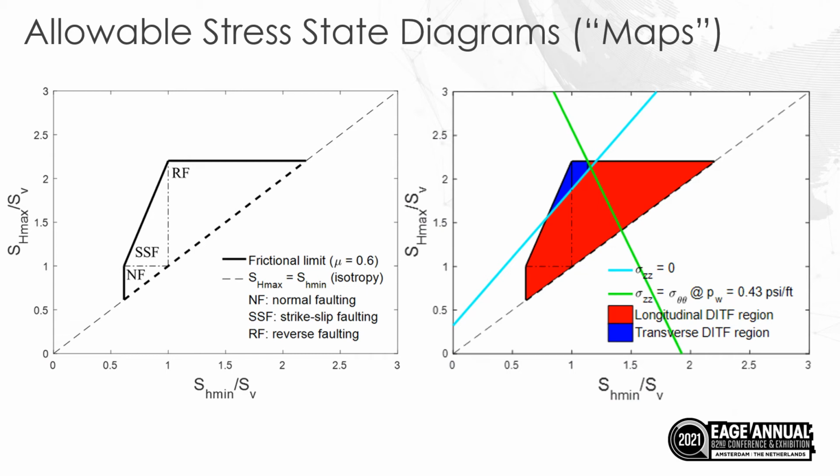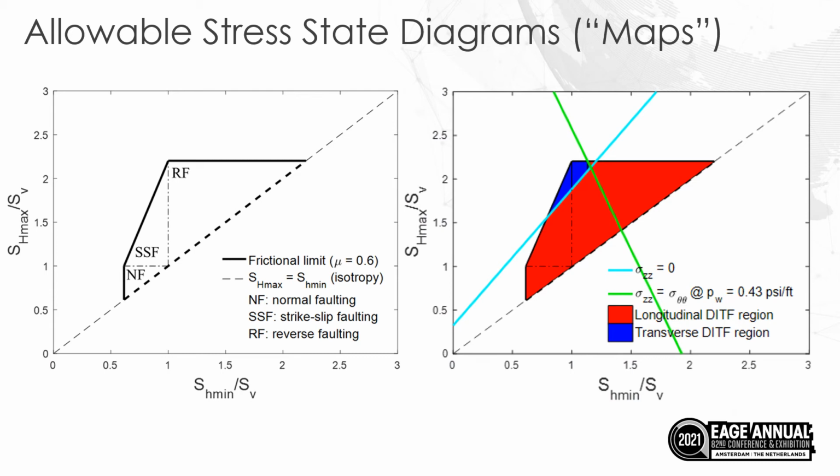The area within the polygon behind both of those two lines, I shaded blue, and this represents the range of stress states in which transverse drilling-induced tensile fractures will be promoted if we drill in those cases.